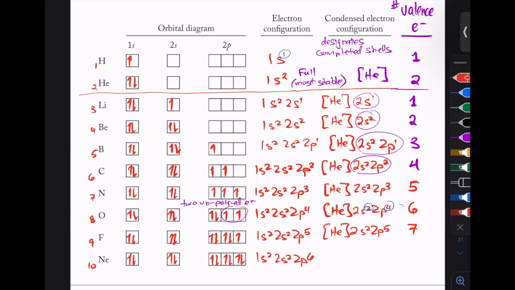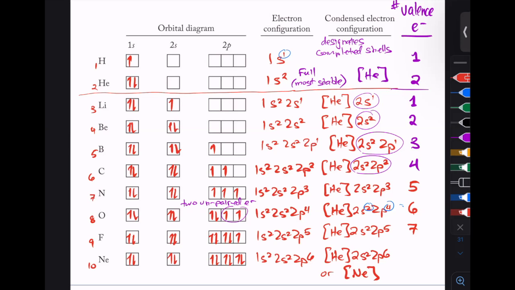If I want to highlight the valence electrons, I would write it this way: 2s2, 2p6. Or I can just say, now this is the neon core. Because again, that symbol means that it's neon with all of the valence shells full.